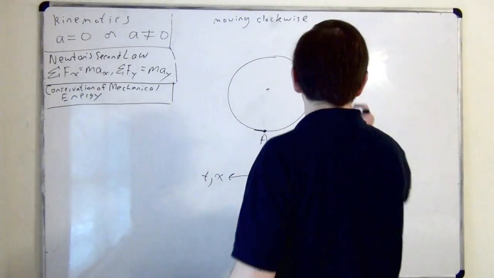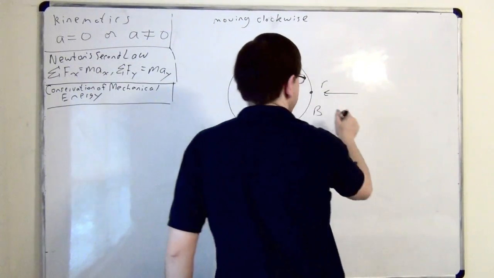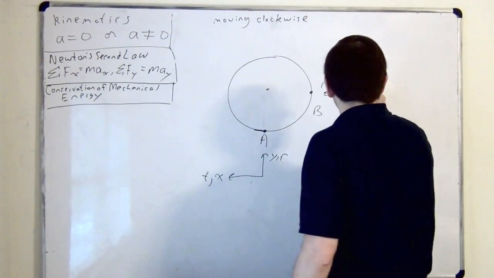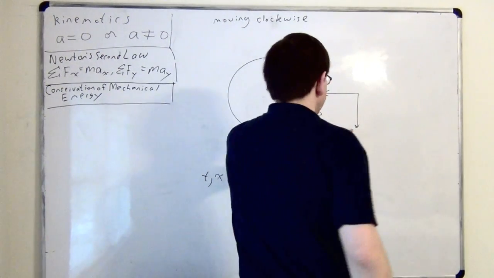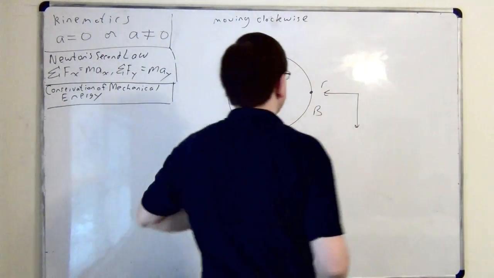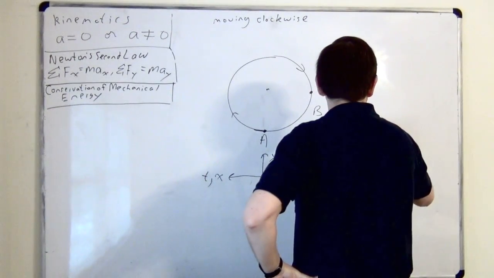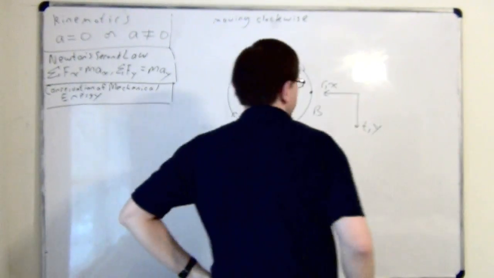So the important thing is that we want one axis pointing towards the center of the circle along the radius, which is radial, and you both drew this axis down. We don't normally draw the y-axis down, but that would be the direction of motion if we're moving clockwise. Maybe I should remind us of that by just putting this in. So that would be our tangential axis. And if you want, you can keep calling them x and y.